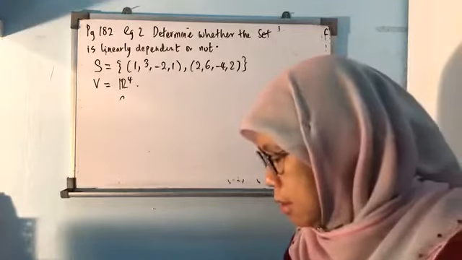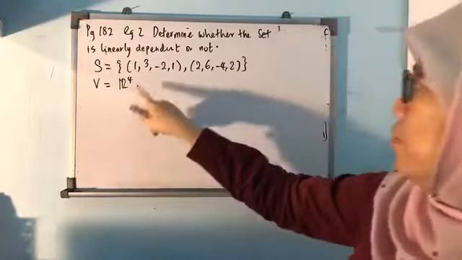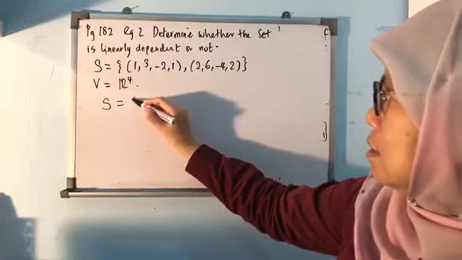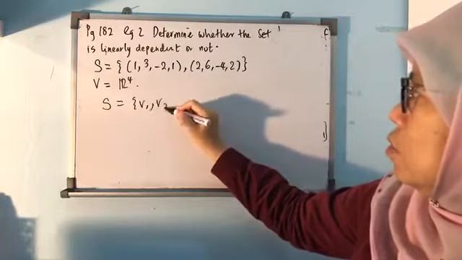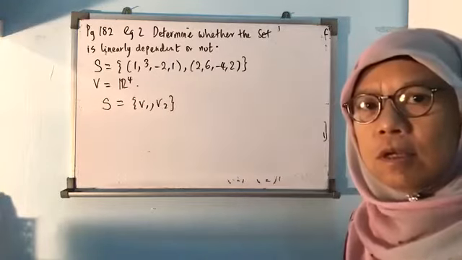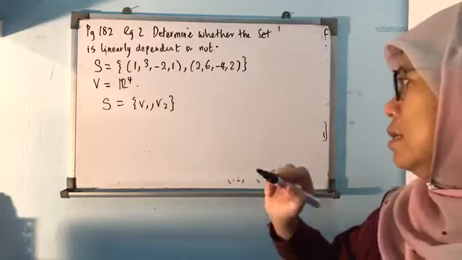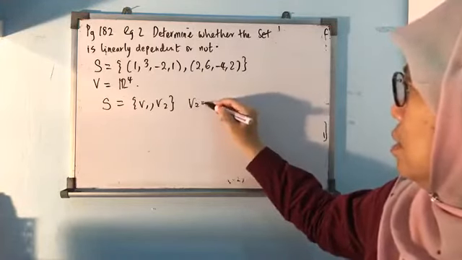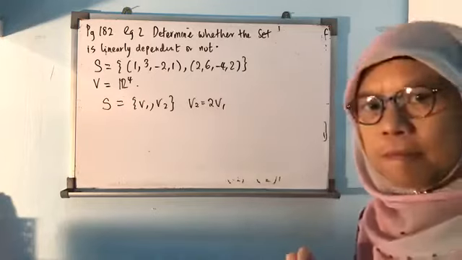Okay. So you see, from the question, if you realize S is V1, V2, okay, and you will see that actually V2 is 2V1, okay.